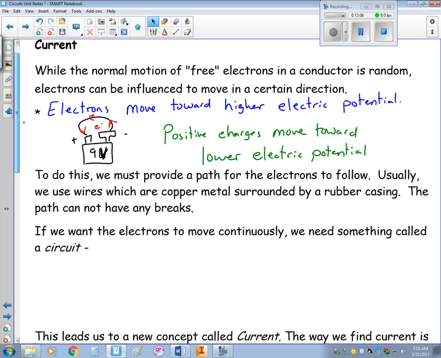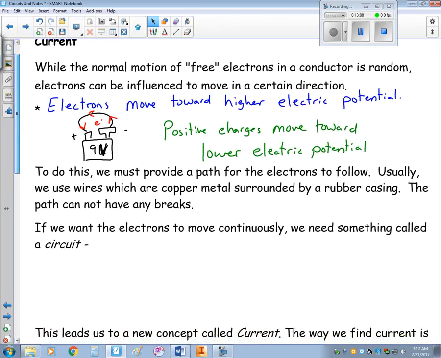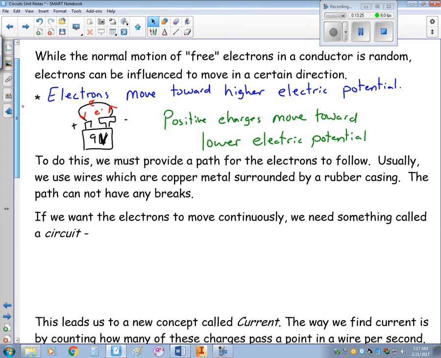So again, to do this, we need to provide a path for the electrons to follow. This is a wire. Wire is a path for electrons. Wires that we use are typically made out of copper that are surrounded by a rubber casing. The path cannot have any breaks. If we introduce a break to the path, the current or the electrons will stop moving.